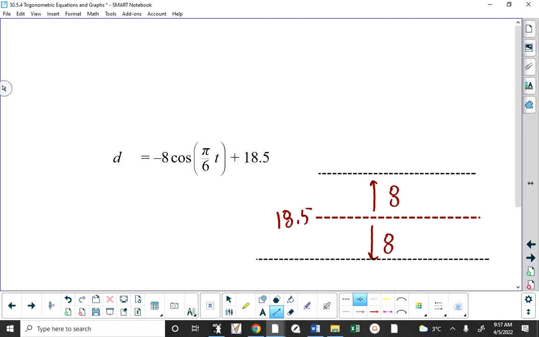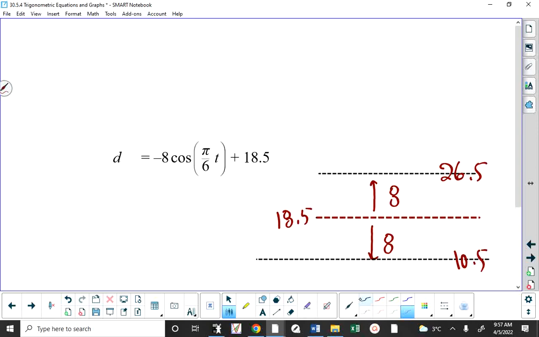So we can figure out from that what the range is going to be. It's from 8 below 18.5 to 8 above 18.5. It's from 10.5 to 26.5. How is my addition and subtraction? Good. So that's the range.